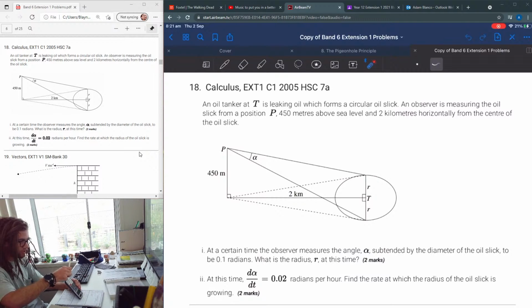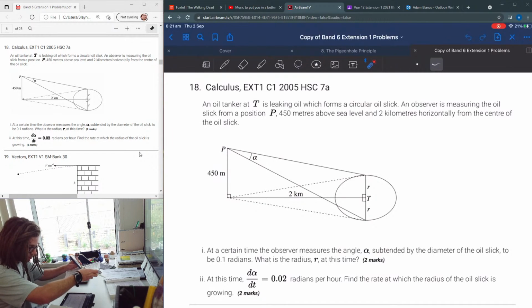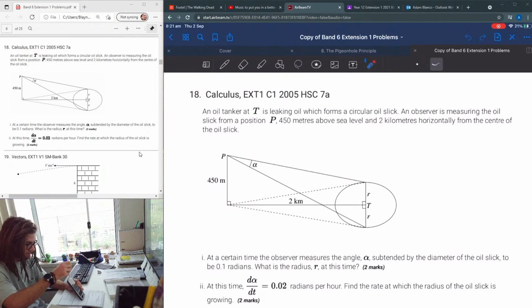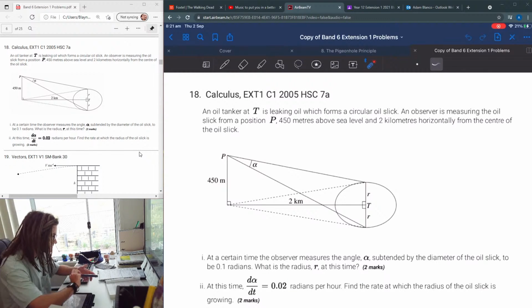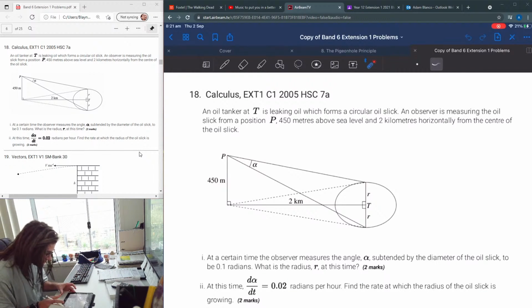A key part of this is worth only 2 marks, but not that many people got it. I think it's because this triangle here is isosceles, and you can't really tell that from the picture because the picture just looks stupid, I reckon. Anyway, I hope that made some sort of sense.